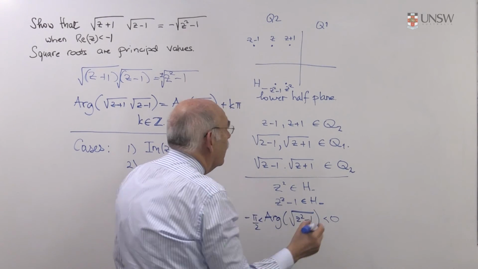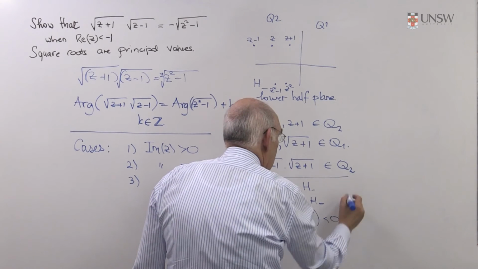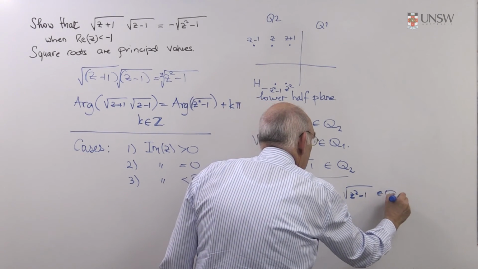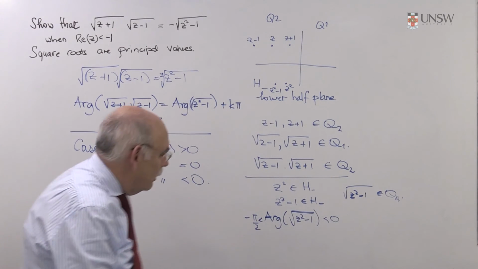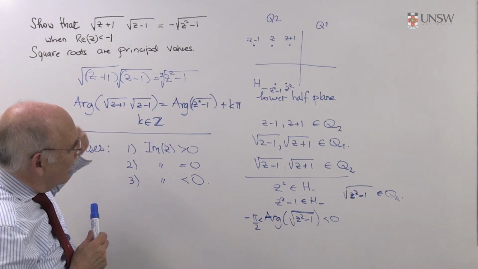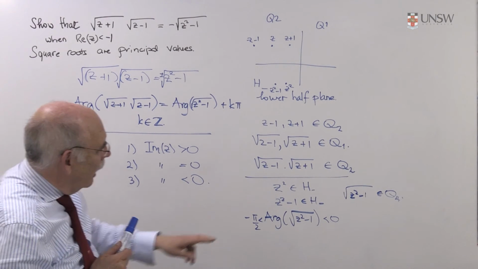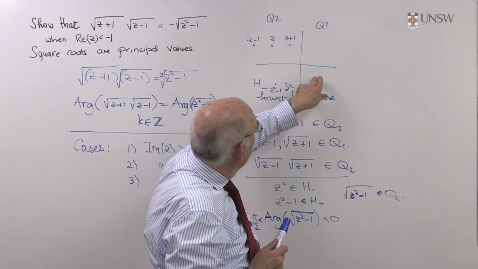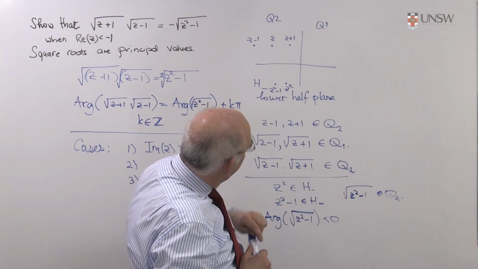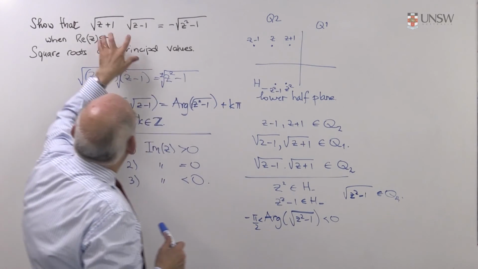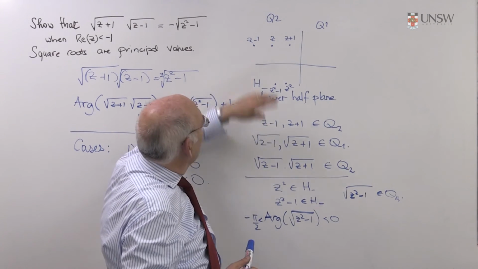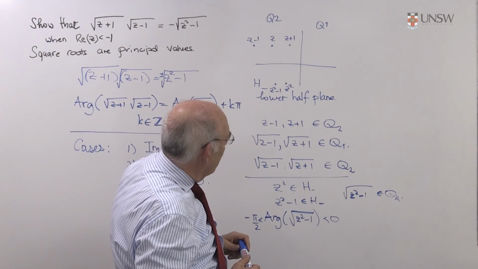So actually we could say that the square root of z squared minus 1 is actually in the fourth quadrant. So a little bit of thinking about what the arguments are like tells us that this one has got an argument that's negative, and it's actually not terribly negative, whereas this product here has got an argument that's positive, but not less than pi.